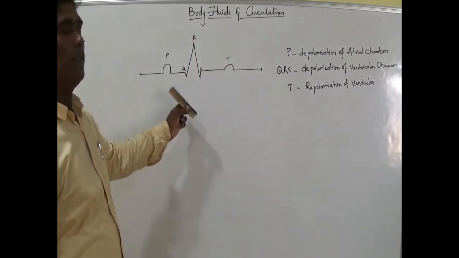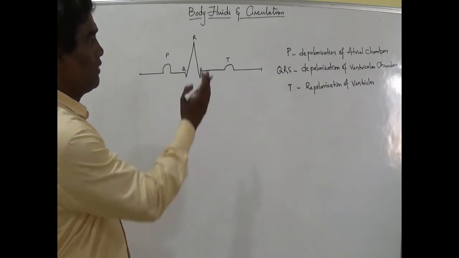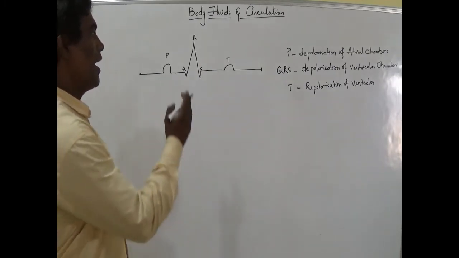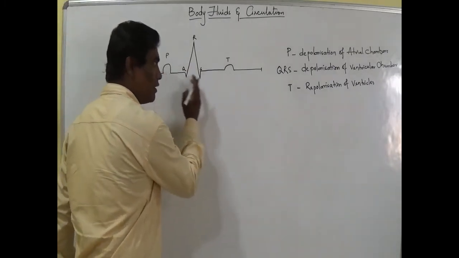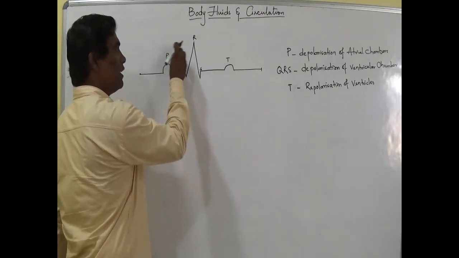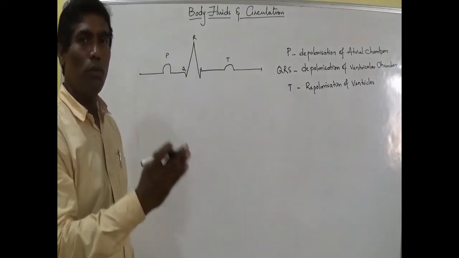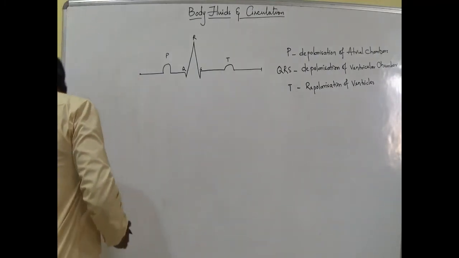So in a normal electrocardiograph we can find these three waves, and any deflection in the graph of the P wave, QRS wave or T wave talks about problems in the heart.